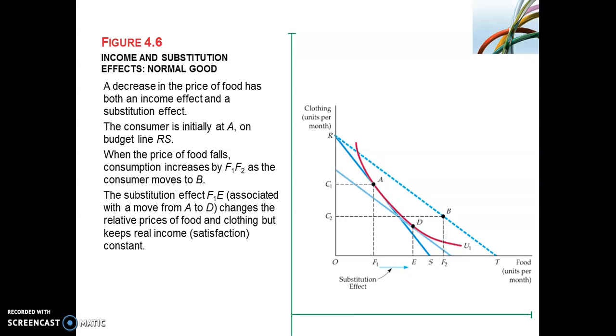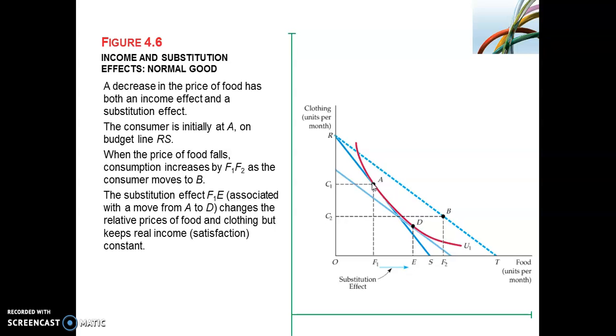The consumer maximizes utility with a combination of food and clothing at point A. So at point A, that is on the indifference curve U1, that is the point where the indifference curve is tangent to RS at one point. Okay, so for that, the clothing units is C1 and food units is F1.